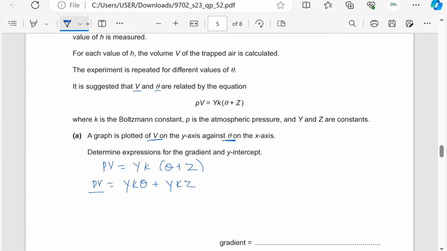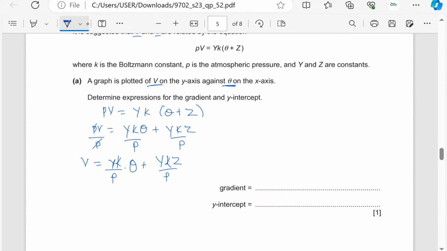So I will divide by P because I need V to be alone. So V is going to be YK divided by P, multiplied by theta, plus YKZ over P. If you compare this equation with y equals mx plus c, on the y-axis you have V, on the x-axis you have theta.